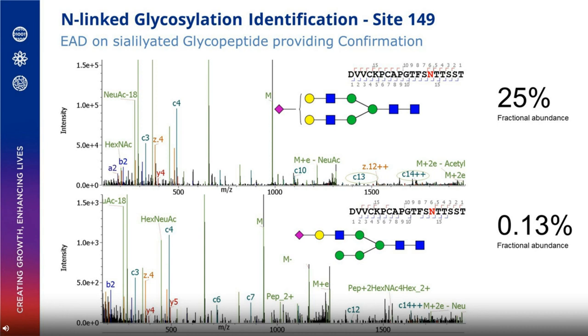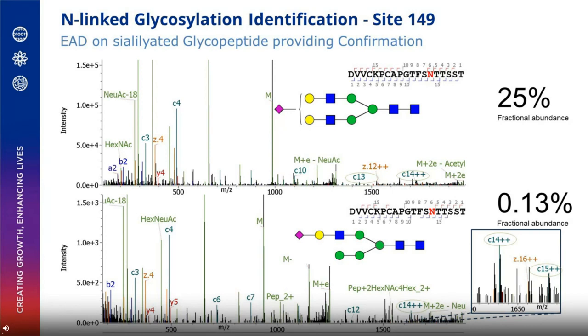Even with the sialic acids, good quality spectra produce the localization information according to the series of C and Z ions. We can see this closely in the figure. The upper G2S2 fractional abundance is about 25%, while the lower one is only 0.13%. So we're still able to detect the glycans and also accurately localize the glycan site.